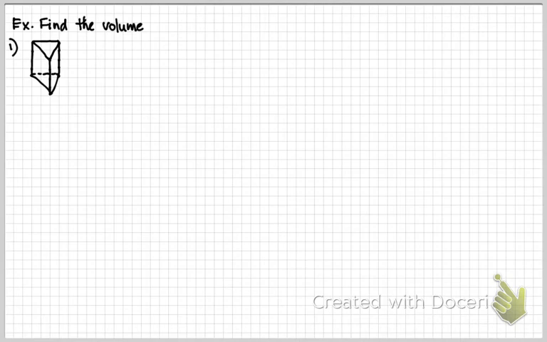I'm going to choose just to look at one of them since they're the same. So I'm going to look at this guy, just the top. Okay. Now, there's some information I need from that guy that will be given to me, and that would be how tall is that triangle. And we're going to make that 3.5 meters.